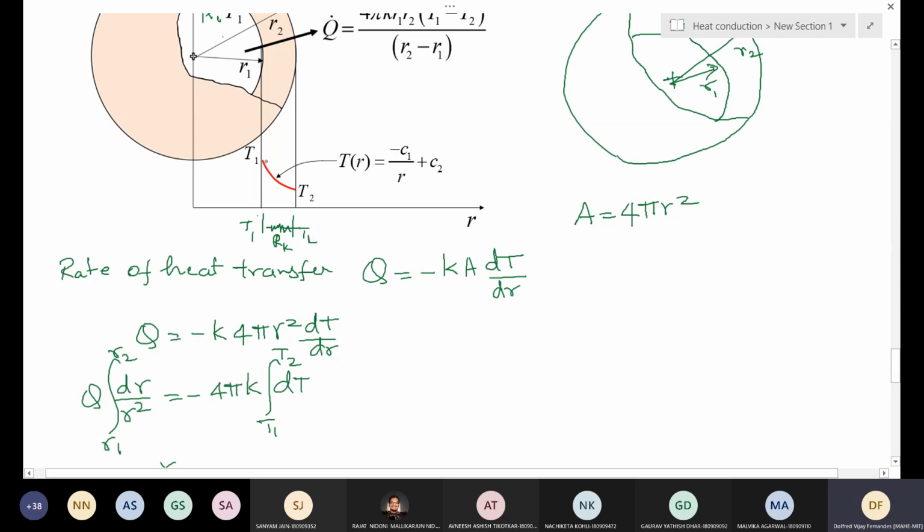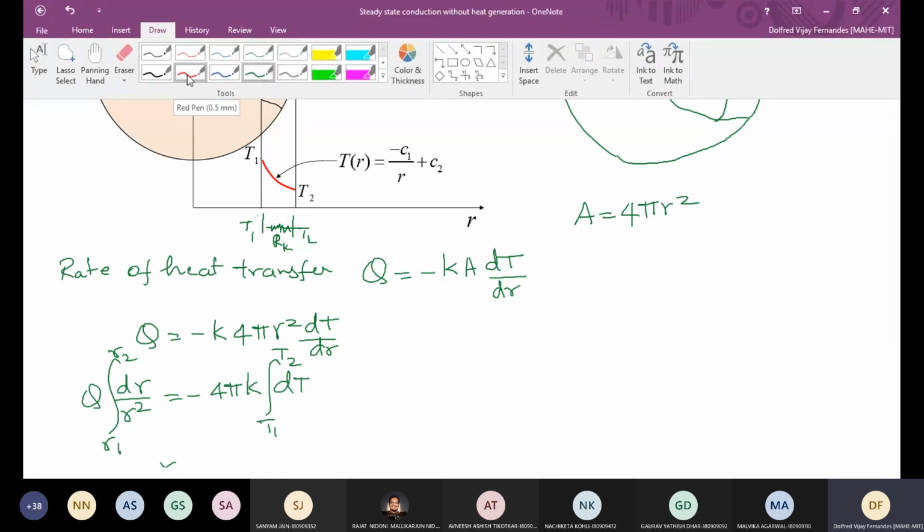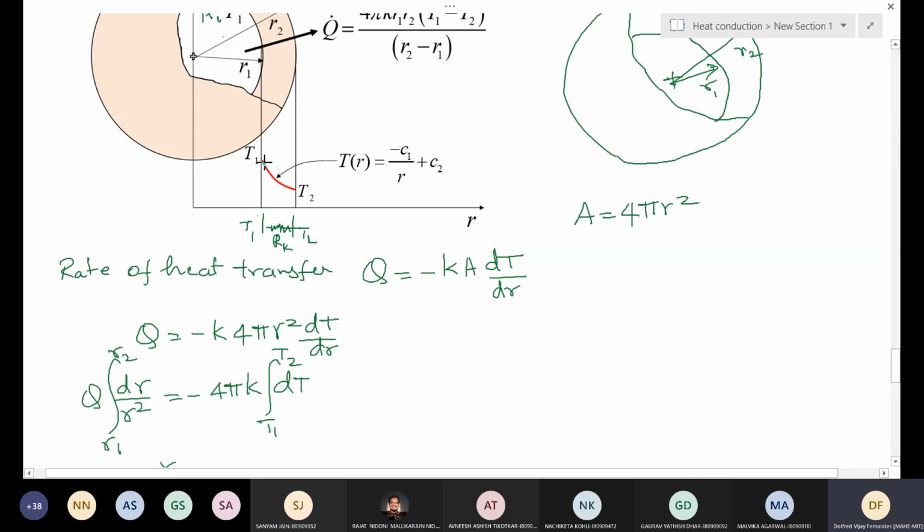Because the temperature profile for the planar wall is a straight line, whereas the spherical wall has a non-linear profile, and you can see that the temperature gradient is more at the minimum area. That means we have more heat transfer through the spherical wall. So that is very important.